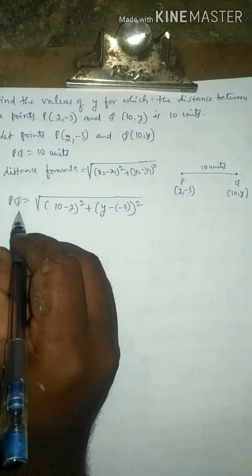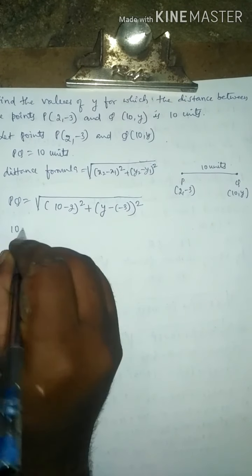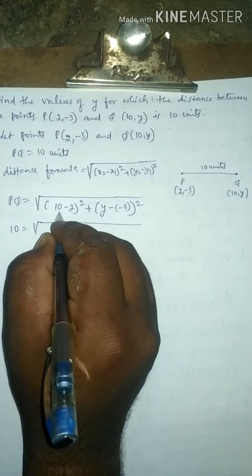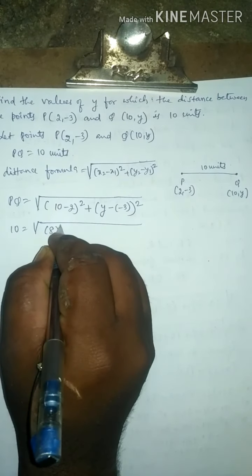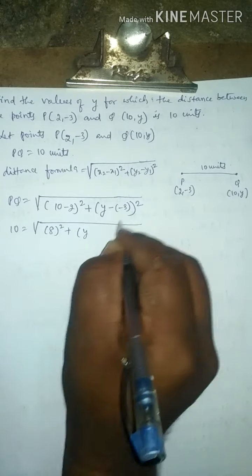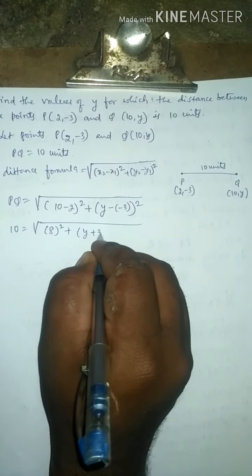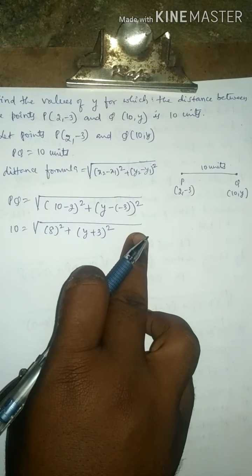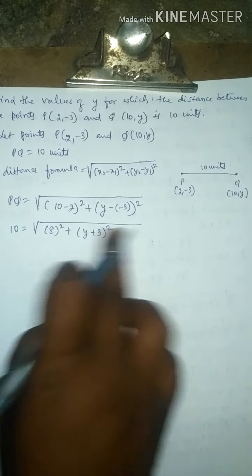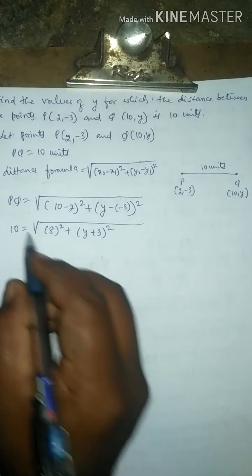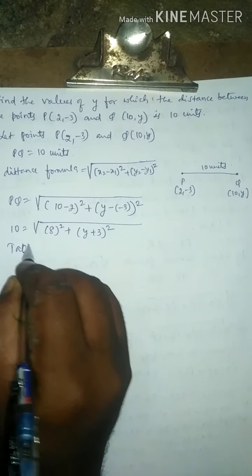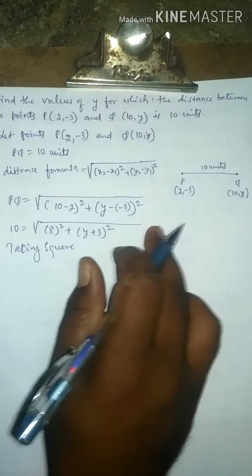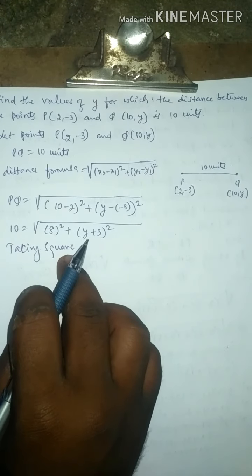Next, PQ value is 10 units, so 10 is equal to under root. Here 10 minus 2 is 8 square plus (y minus into minus, plus 3) whole square. Now here we have to remove this square root. To remove the square root, we have to square on both sides.